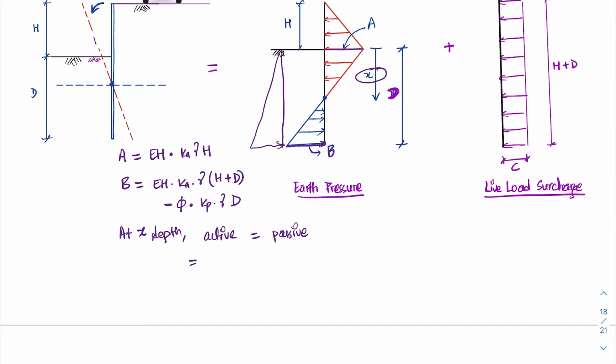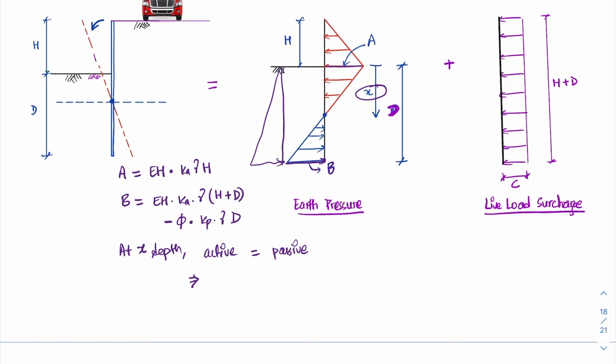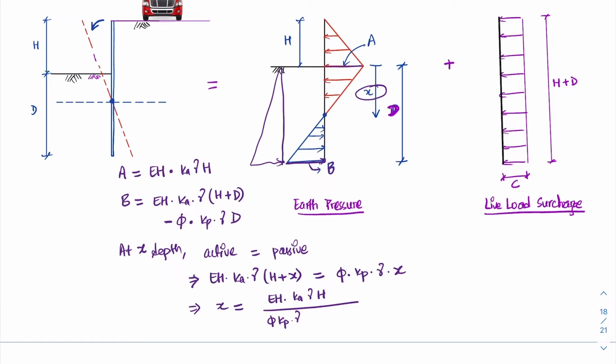So the active pressure is EH Ka γ (H plus X), which equals the passive pressure, φ, the resistance factor for passive, Kp γ times X. If you calculate X from here, it will be EH, the load factor for EH load, Ka γ H, divided by φ Kp γ minus EH Ka γ.